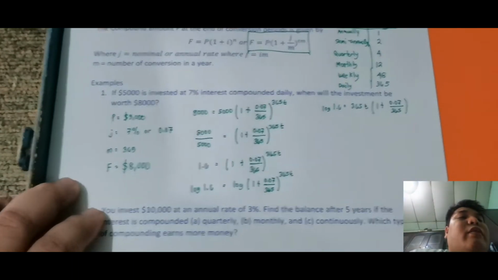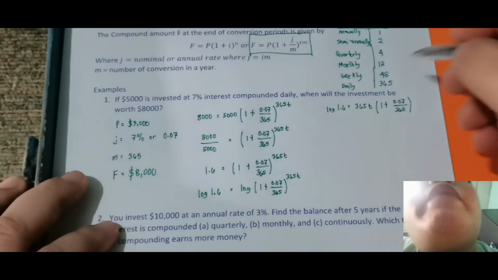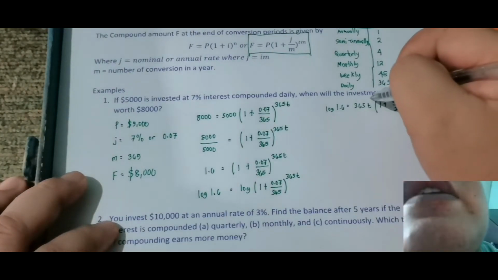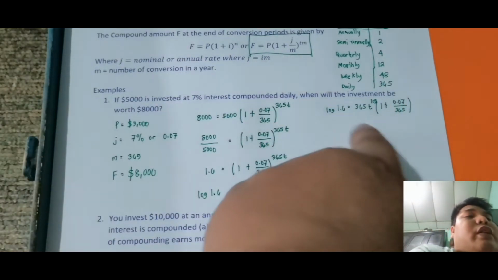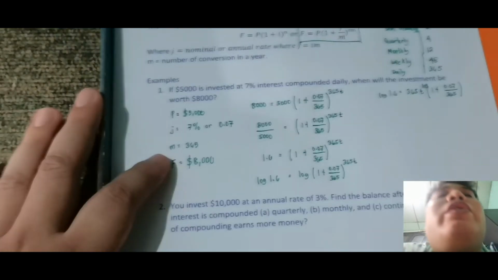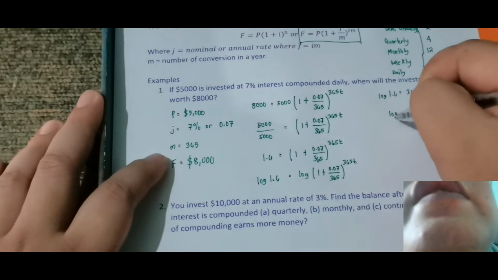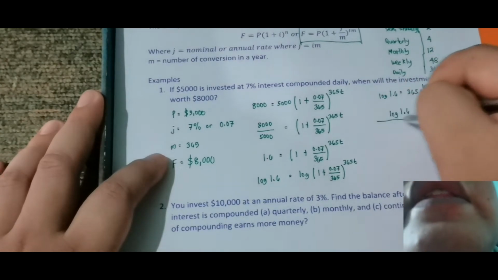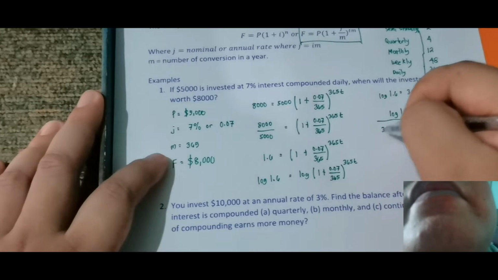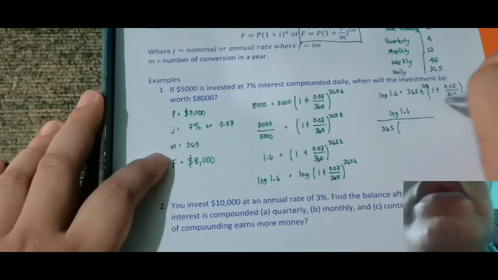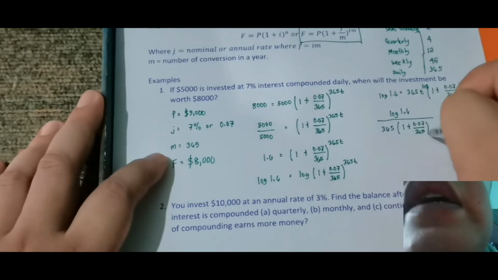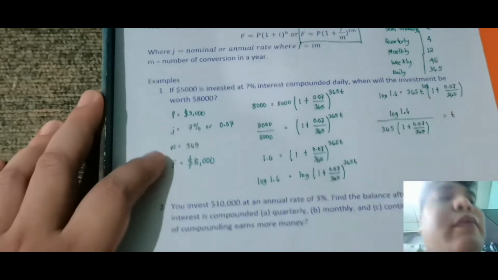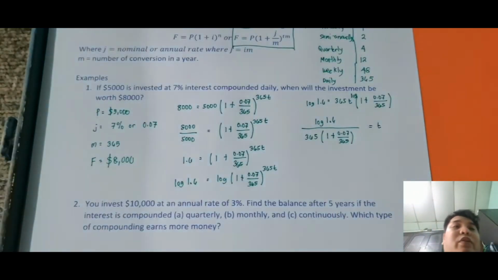Okay, so paano ang gagawin? Sorry, may logarithm pa pala to. Okay, so ngayon, i-divide ko both sides. Ititira ko lang dito is t. So ang gagawin ko, yung logarithm ng 1.6 naka-divide yan sa 365 kasi gusto ko tanggalin doon, then multiplied by logarithm of 1 plus 0.07 all over 365. Then equals t. So now, ready tayong hanapin yung value ng t.